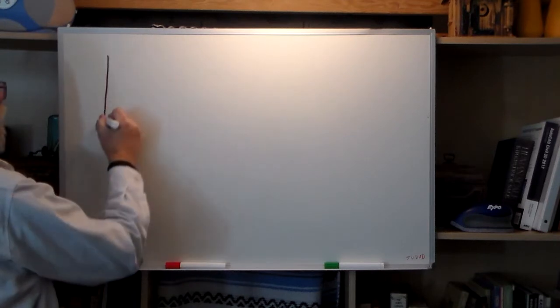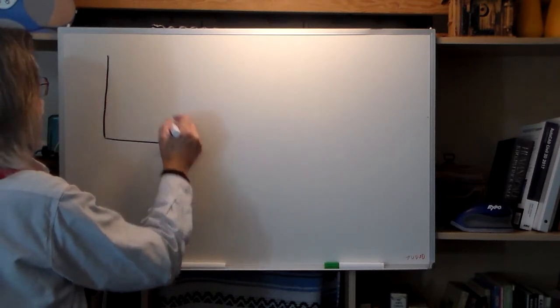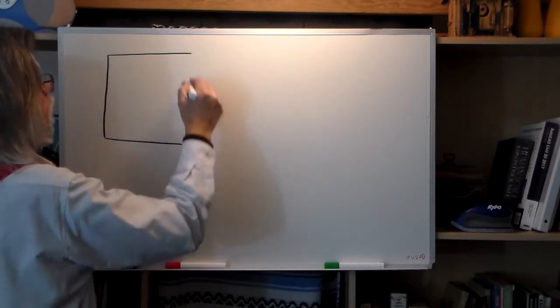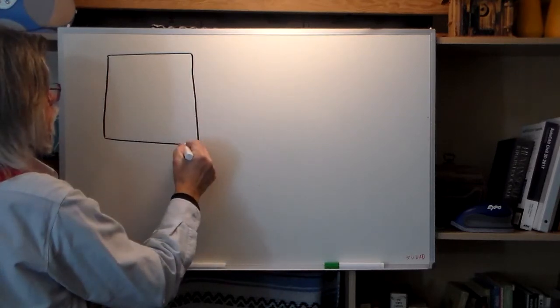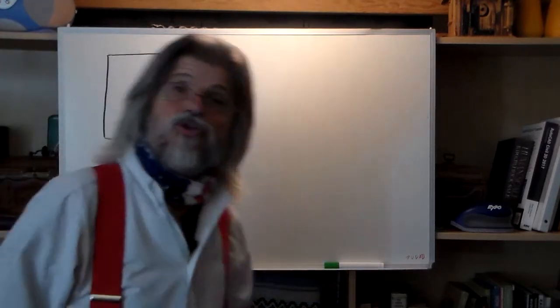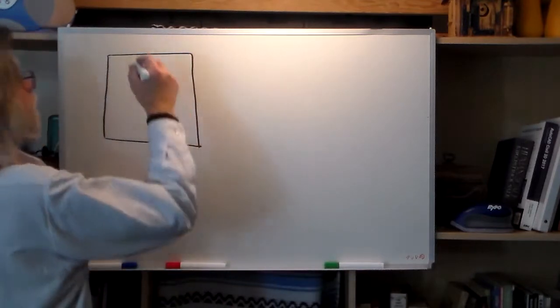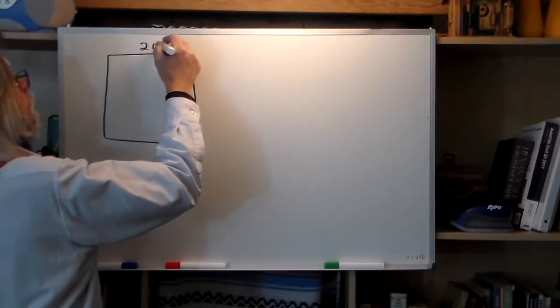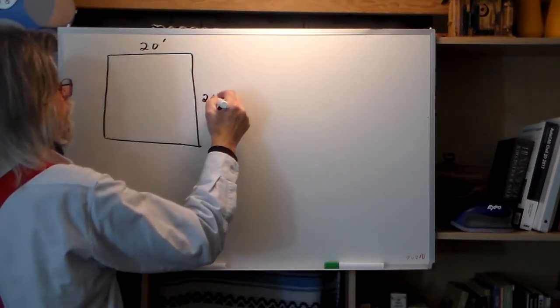Here we go again. We're going to draw us a square up here. This time we're going to use 20 feet instead of 25 compared to the last example. So the square is 20 feet on edge.